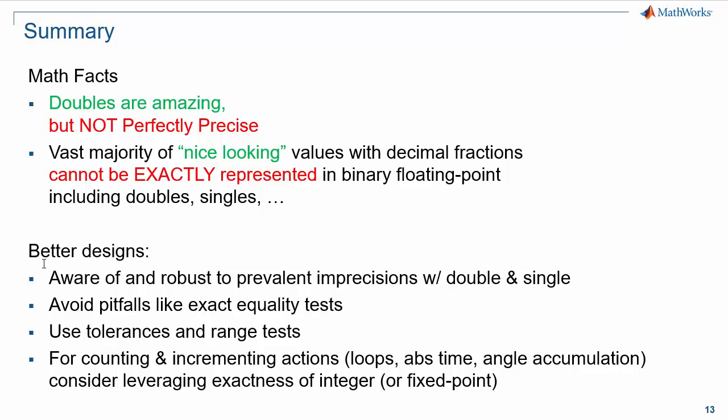So better designs are aware of and robust to these common imprecisions that you will face with double or single or whatever. The designs avoid pitfalls like exact equality tests. They use tolerances and range tests like less than or equal to, to properly control conditionals based on floating point values.